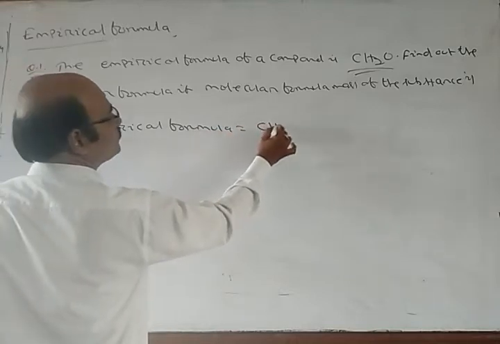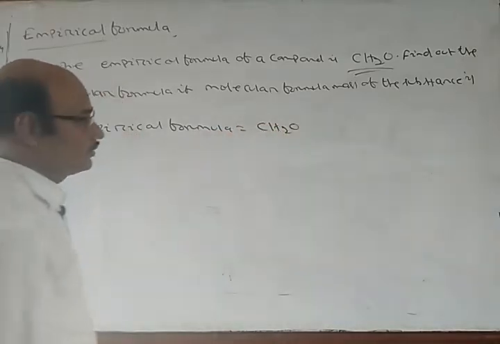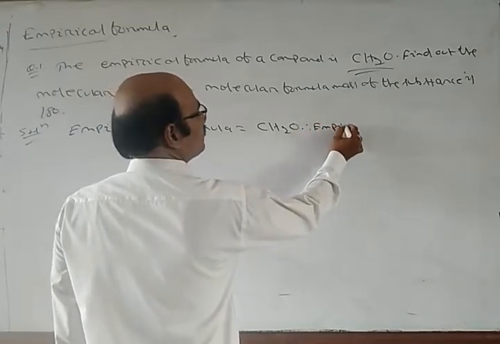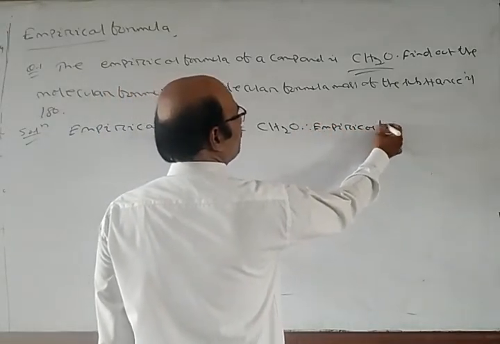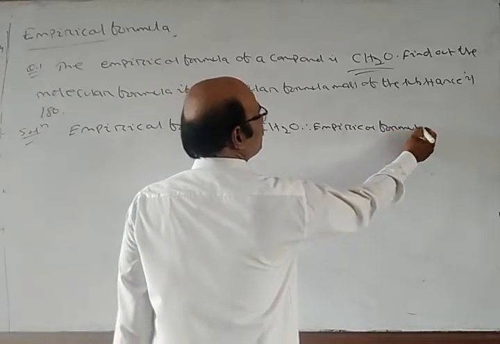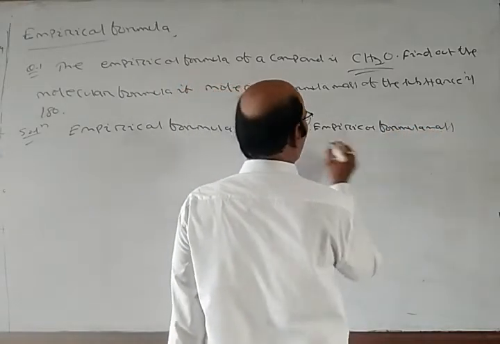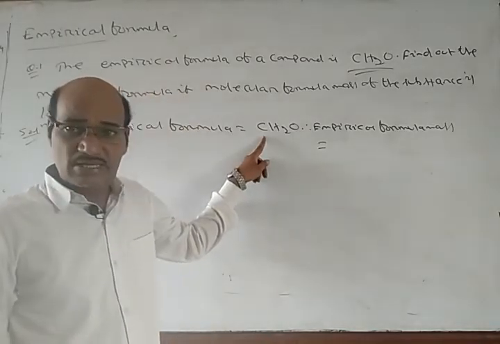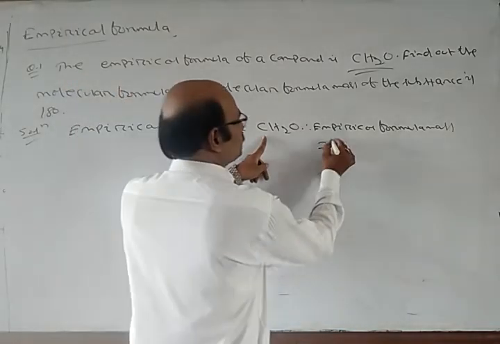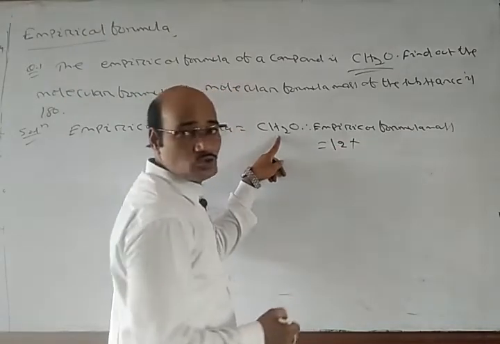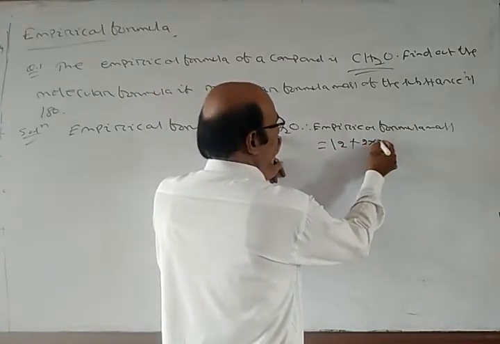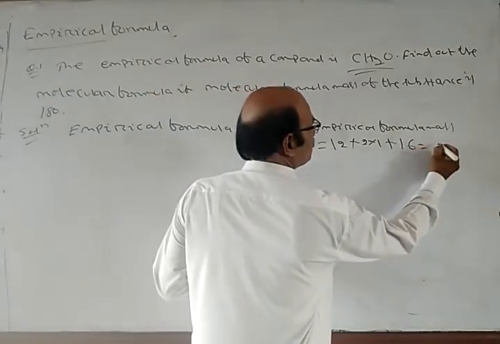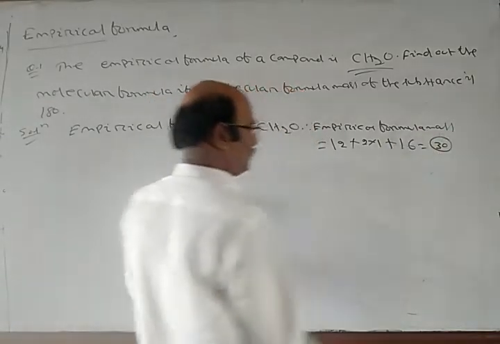Therefore, empirical formula mass equals CH2O: carbon atomic mass is 12, plus hydrogen 2 into 1, plus oxygen 16, equals 30.